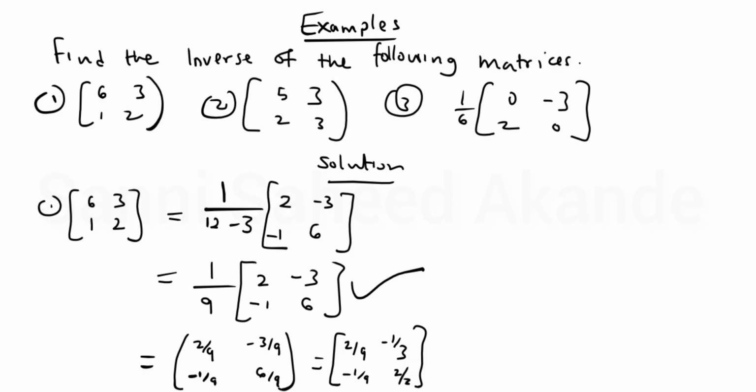The next question we are going to be tackling says 5, 3, 2 and 3. Okay, so we want to find the inverse, and the formula is 1 over the determinant of this matrix. And the determinant of this matrix is: multiply this 5 and 3 together. 5 times 3 is 15, minus, then multiply 2 and 3 together. 2 times 3 is 6.